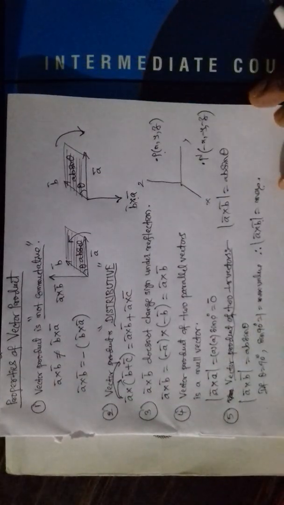Now let us consider unit vectors. Unit vector along x-axis is denoted by I. Unit vector along y-axis is denoted by j. Unit vector along z-axis is denoted by k. Now let us take first parallel vectors. For example, I cross I. This is unit vector, therefore its magnitude is 1.